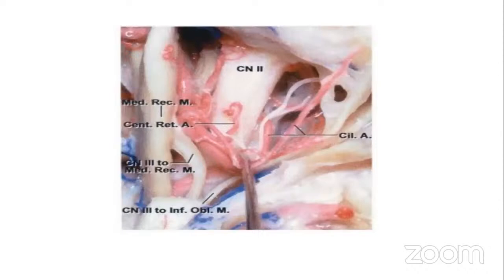Here's the inferior surface showing the tortuous course of the central retinal artery before it pierces into the lower surface of the optic nerve. At the medial end is located the medial rectus muscle. Here is the ciliary artery, while cranial nerve 3 goes to the medial rectus muscle. And here is the cranial nerve to the oblique muscle.